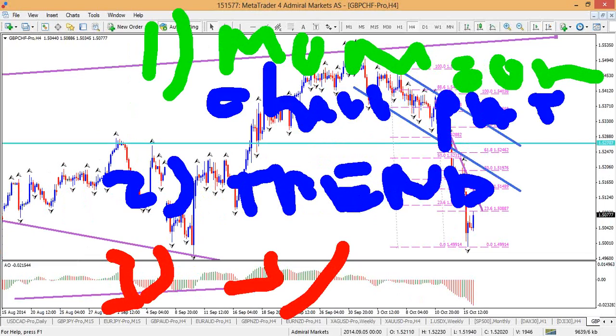Although price could be in a downtrend and a down momentum, downtrend on the 4 hour, down momentum on the daily, there is still that support and resistance that has a high chance of providing a value for a bounce. 1 and 2, unfortunately, are not on our side anymore. But 3 could be strong enough.